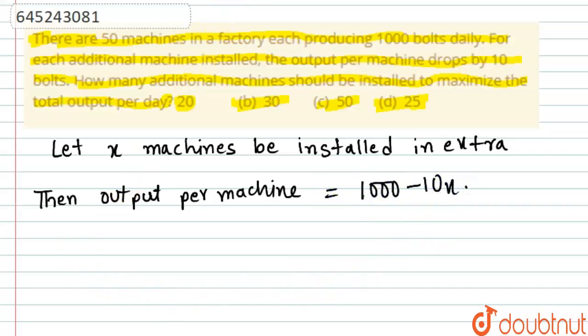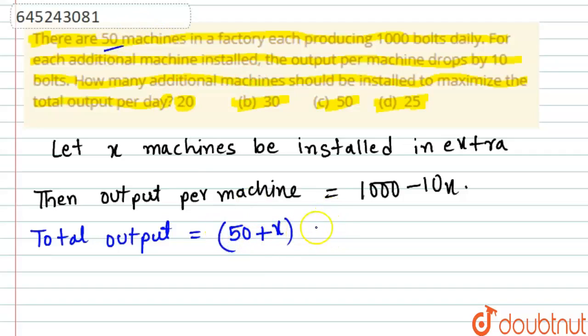Now the total output is the product of the total number of machines, that is 50, because initially it was 50 machines, so x have been installed extra, so 50 plus x times the output per individual machine, that is 1000 minus 10x.